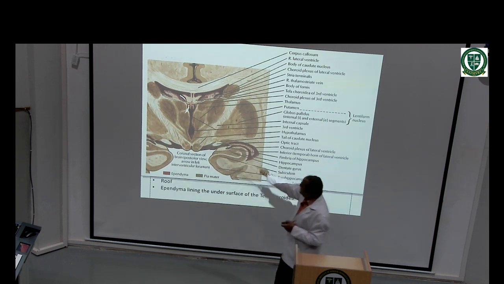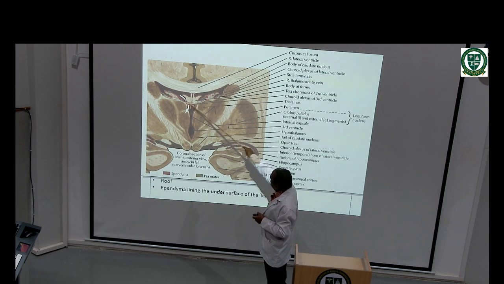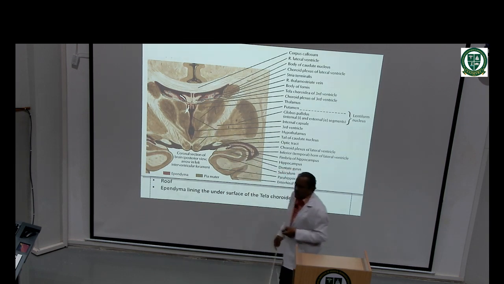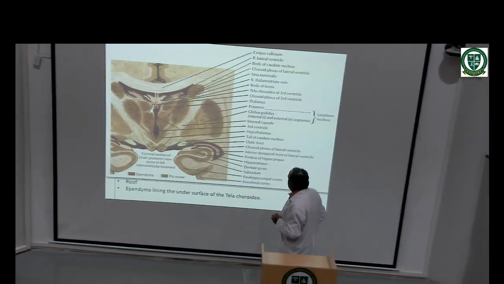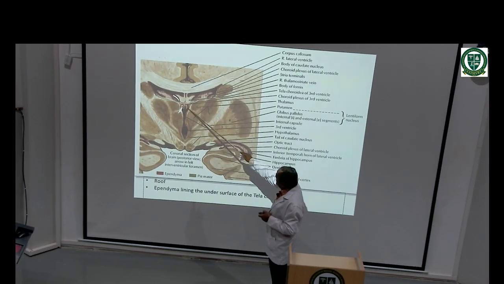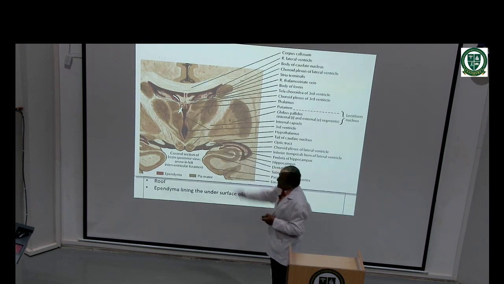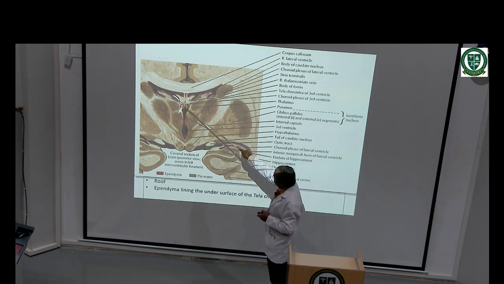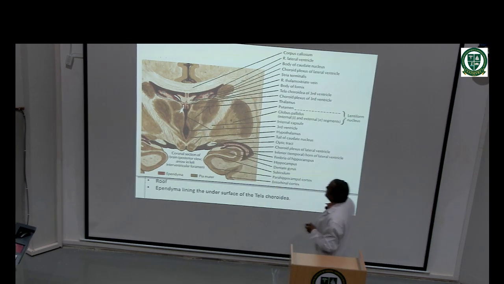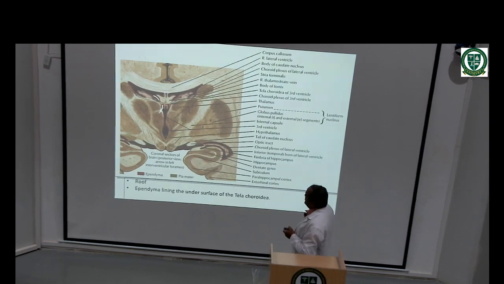That forms the roof. Here you have the tela choroidea. This ependyma lines the tela choroidea, which is present between the two thalamus. This projection you are seeing is the tela choroidea, lined by ependyma. So this is the roof of the third ventricle.